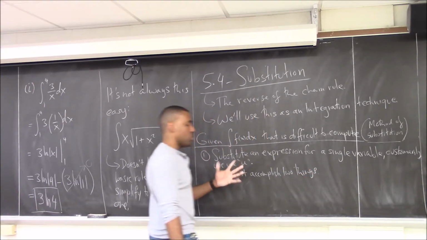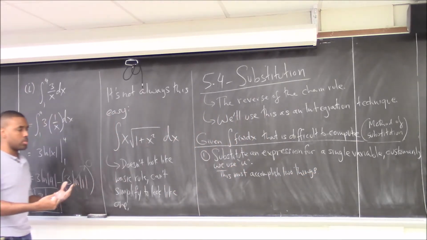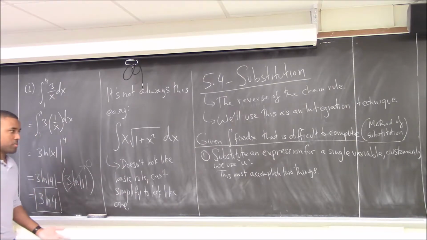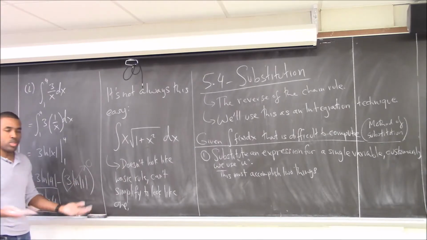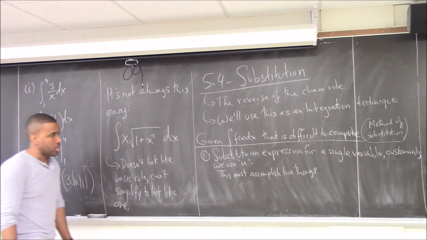So we usually use u to represent this expression we're substituting. A lot of times, for that reason, people call it u substitution, but technically you could use any variable. U is just a customary thing.